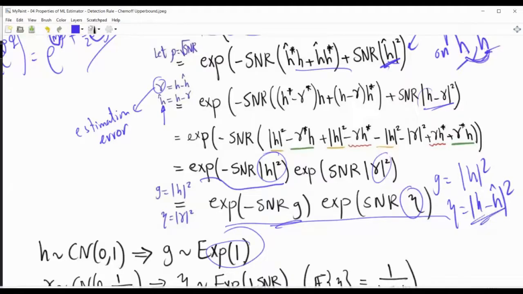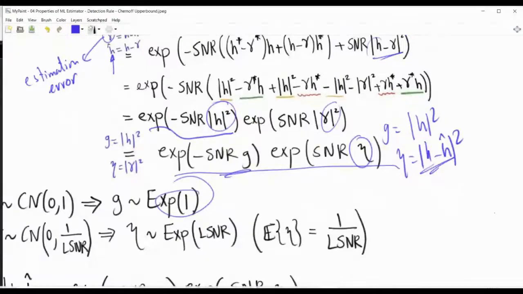What about eta? Eta is the magnitude squared of the estimation error. We studied the estimation error, right? So the estimation error itself, remember, H hat minus H, is zero mean. Why is it zero mean? Because we proved that H hat is an unbiased estimator, so its first moment is equal to H itself.